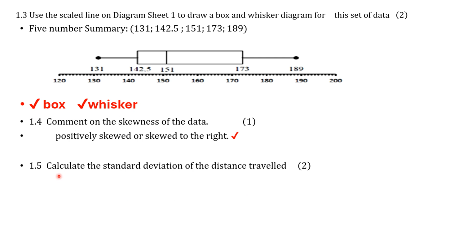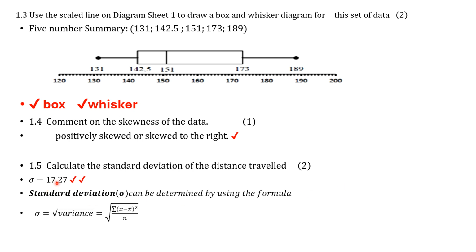Now, 1.5, they say calculate the standard deviation of the distance traveled. I assume your teacher has shown you how to use your Casio calculator to punch in these values and get the standard deviation on the calculator. It's only for 2 marks, so we prefer that you do it via calculator. Standard deviation is 17.27, 2 marks.